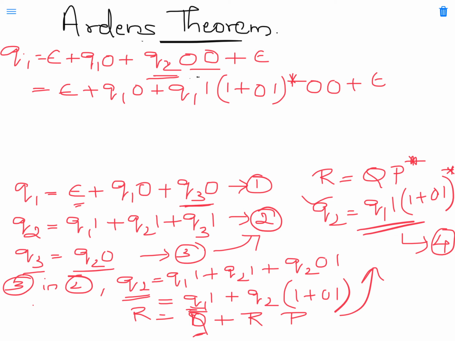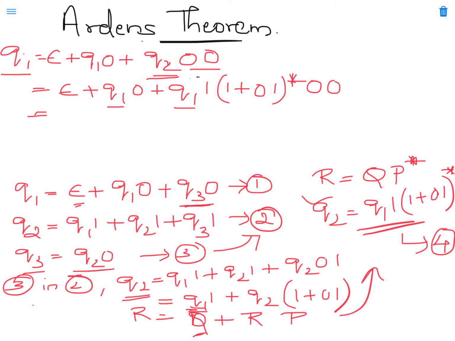Now you have to convert this form into R is equal to Q plus RP format. So how can you convert? This epsilon is not required, it is repeated. Q1 will be considered as the R, and you have to make Q1 a common term for these two expressions.